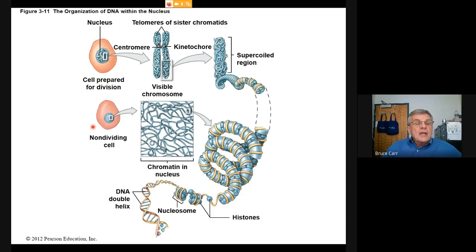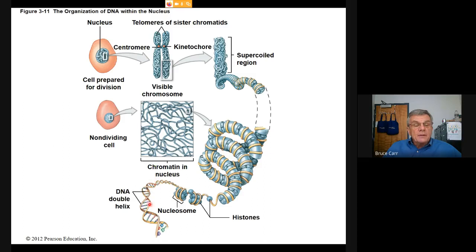When we look at a cell sample, most of the cells are non-dividing, and they look sort of like this, with a nucleus that is clearly different from its surrounding cytosol, but basically not much is visible. If we blow it way up, what we see are extended strands and tangles of what's called chromatin, staining fibers. And those fibers are made of the DNA double helix that are expanded out.